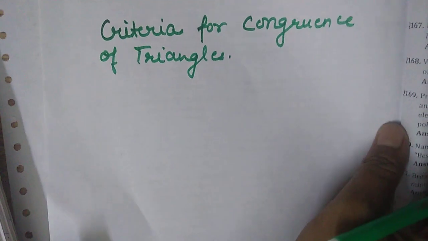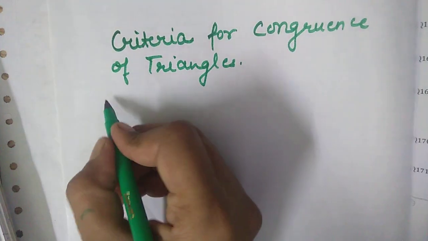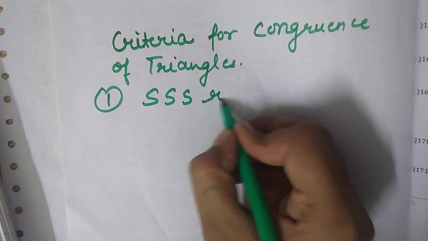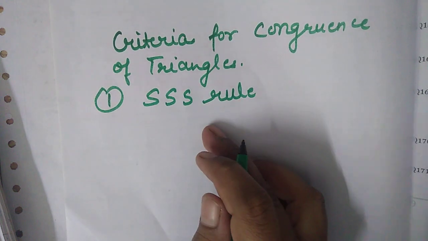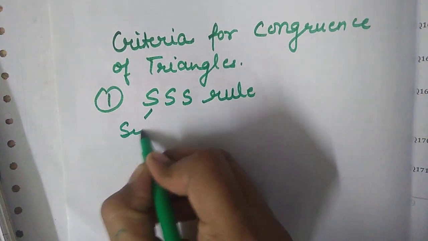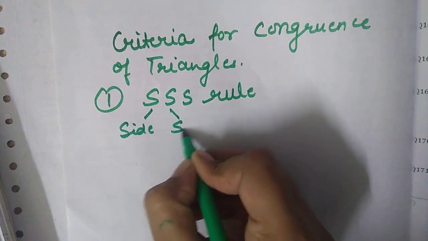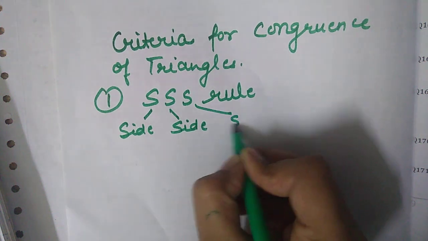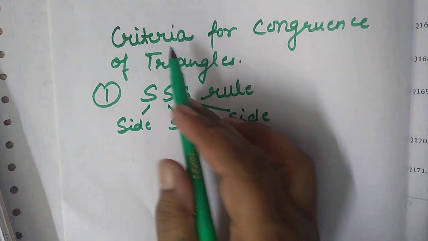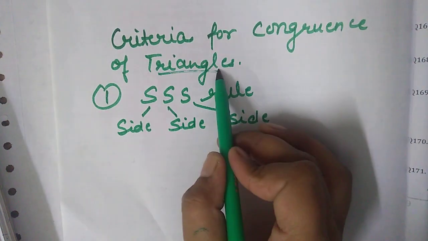So the first rule, or you can say first criteria, is the SSS rule. Okay, SSS congruence rule. It means S stands for side, again this S stands for side, and again this S stands for side, and we are learning congruence in triangles only.